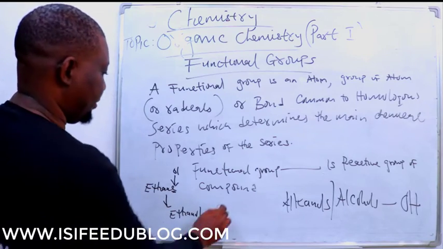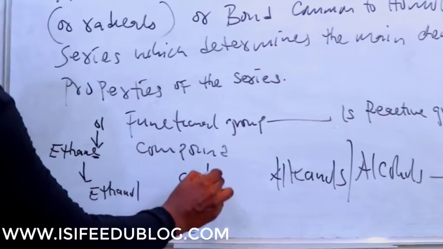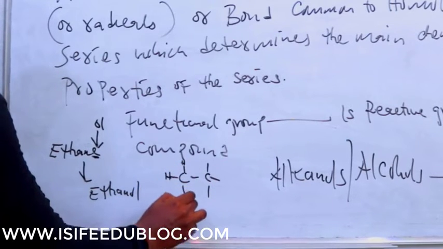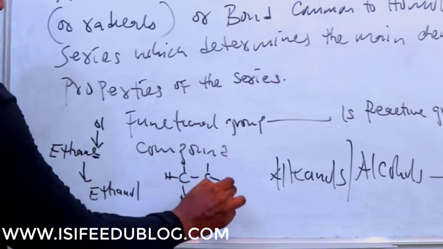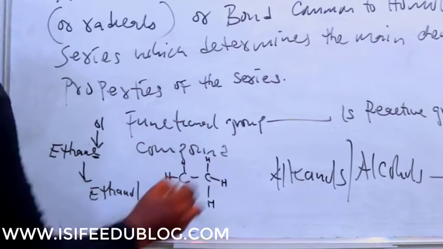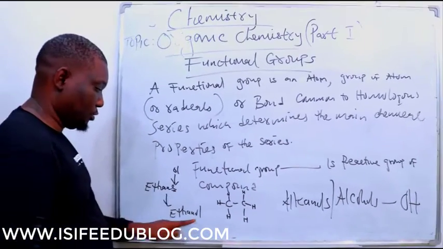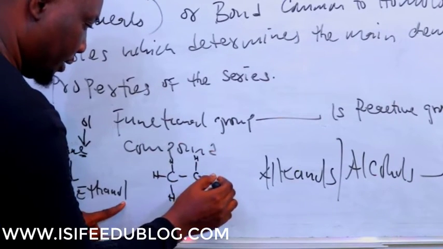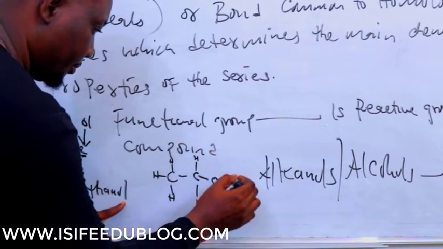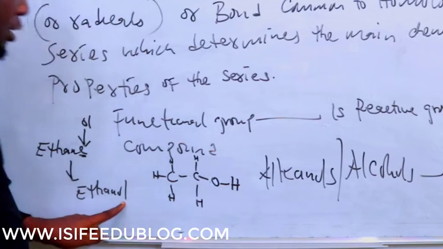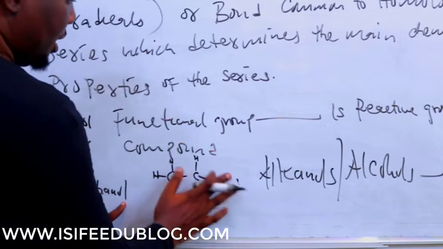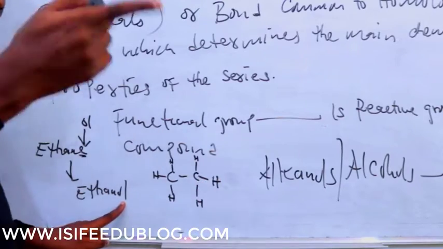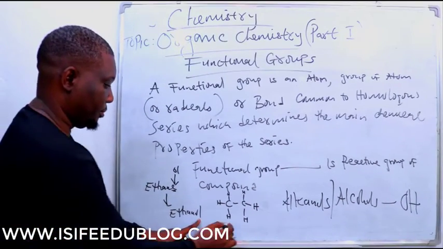When it was ethane, you have something like this. This is ethane. So when it is changed, the E is changed to OL. That means I have to introduce an extra OH before ethane becomes ethanol.